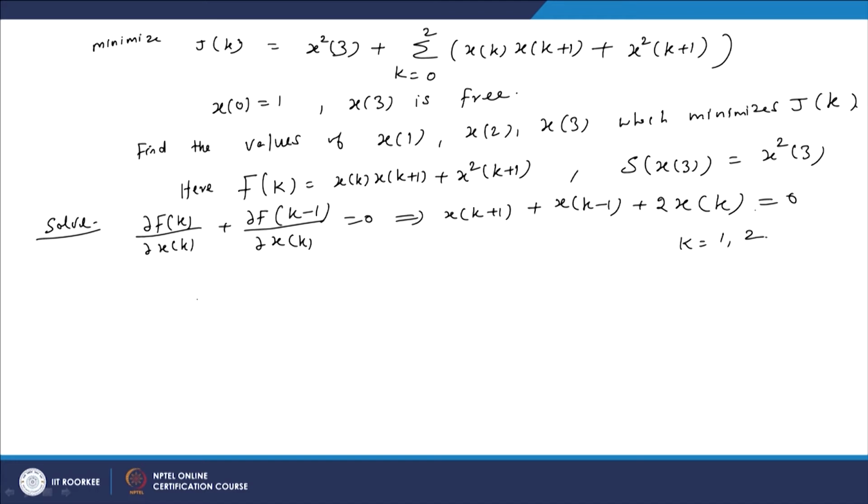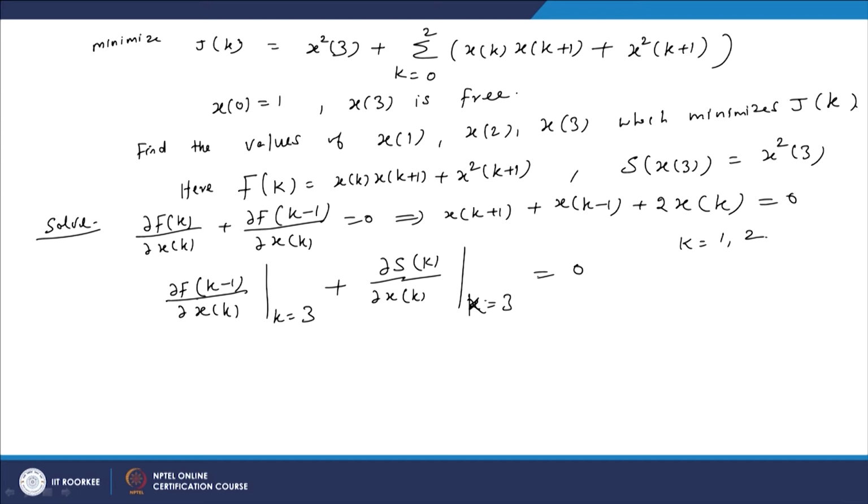So, we will get the expression, and the boundary condition here is del f k minus 1 by del x of k, that is at k is equal to 3, final condition, plus del s by del x of k, that is also at k is equal to 3, this should be equal to 0.